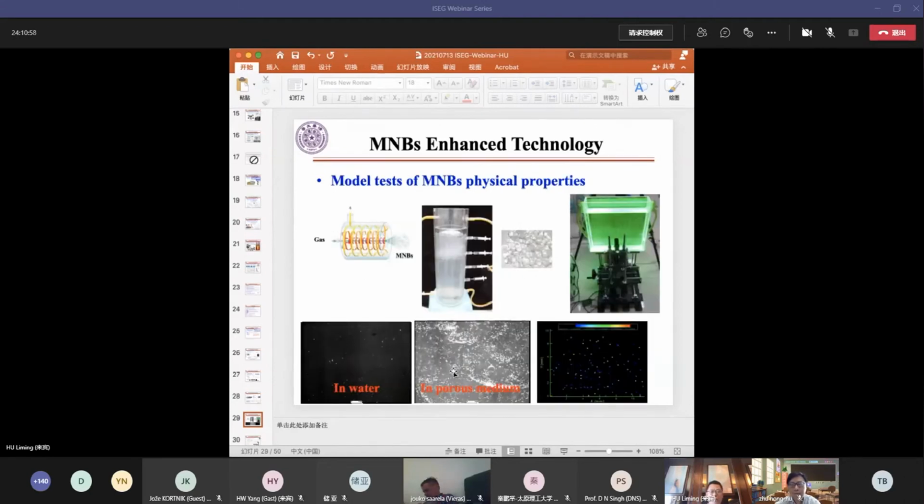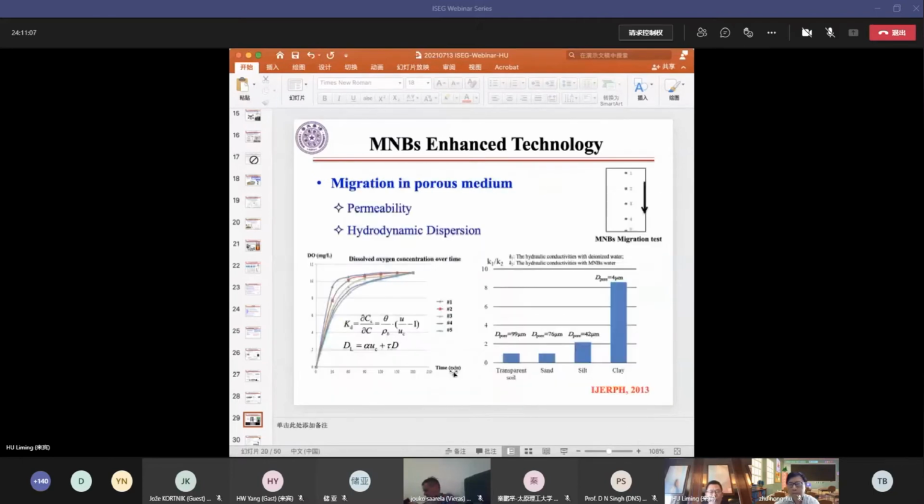This is the model test for micro nanobubble movement and permeability. If the micro nanobubbles' size is less than the pore size of the soil, the permeability is not affected.